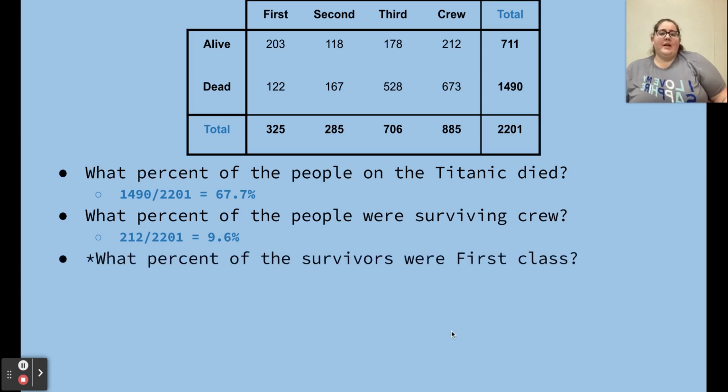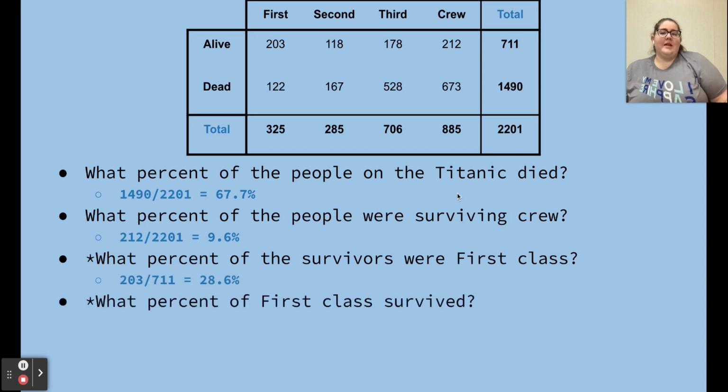If I ask you what percent of the survivors were first class, of the survivors means I only care about the people who lived. In this particular instance, that sounded kind of cruel. In that alive row, we have 203 first class out of 711 total.